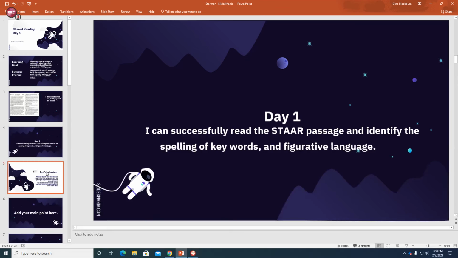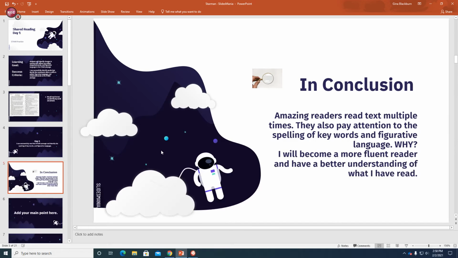So in conclusion, amazing readers read text multiple times. They also pay attention to the spelling of keywords and figurative language. Why do we do that? Well, I will become a more fluent reader and have a better understanding of what I have read.